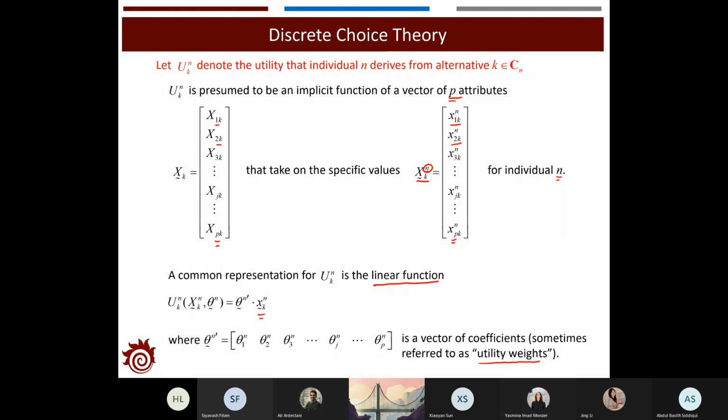That's the vector we're going to calibrate from the observations, and with that you can write the utility as a function of the attributes and the coefficients in matrix format. Of course, you can extend this to all different individuals and different modes.